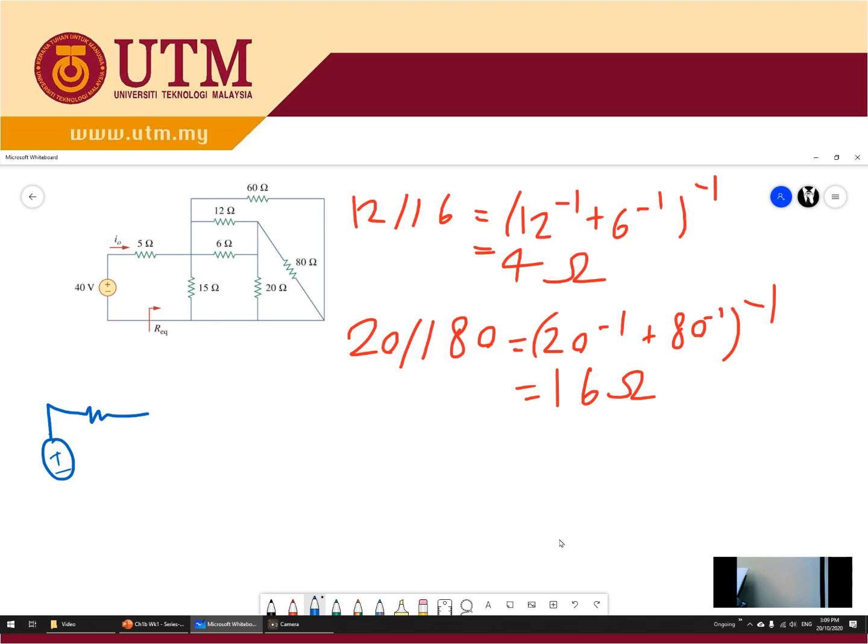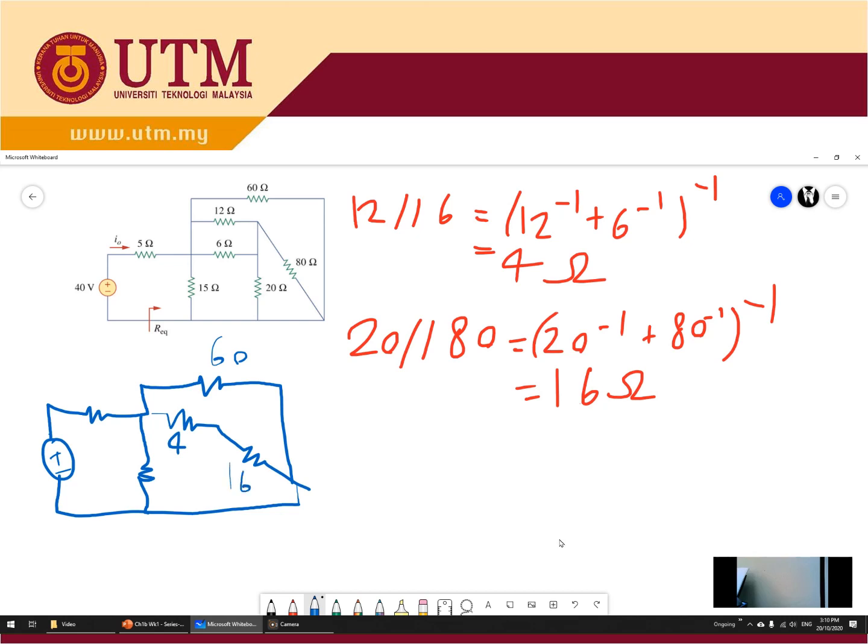So this one is 60, this one is 4 from here, this one is 16 from here, this one is 15, this one is 5.